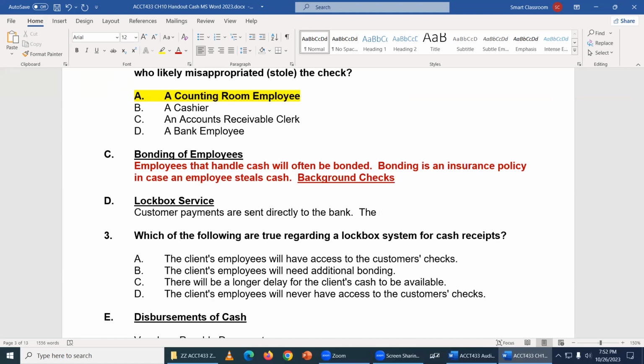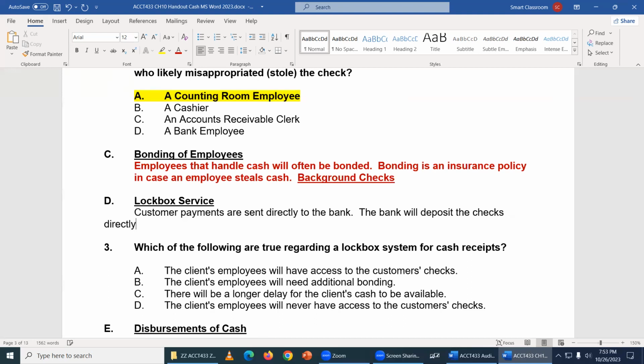The bank will deposit the money directly into the bank account. The checklist will be sent to the client.